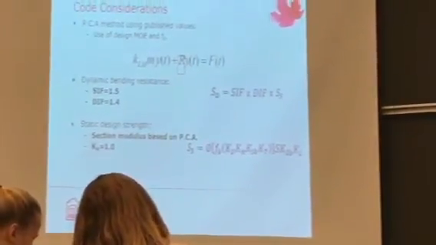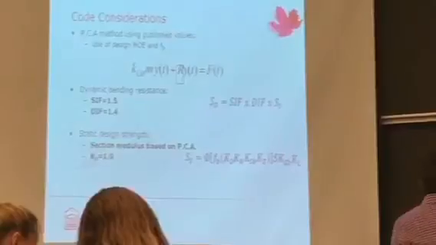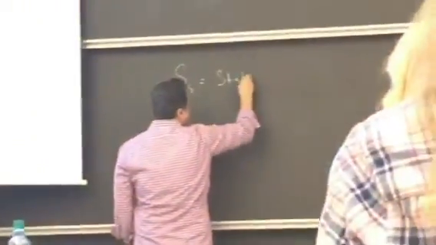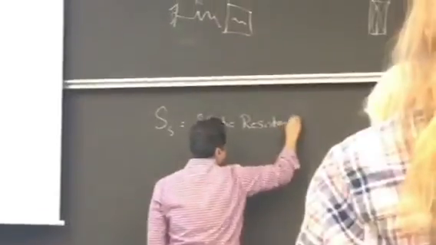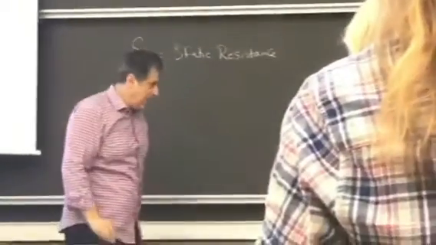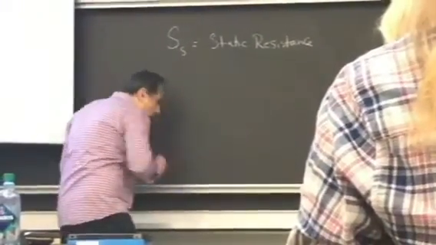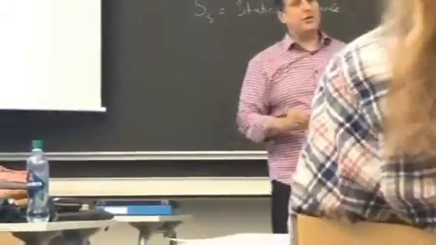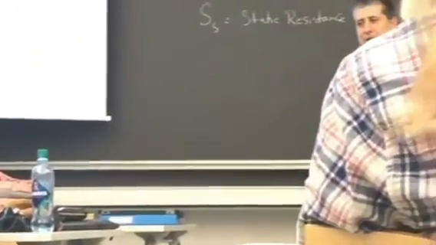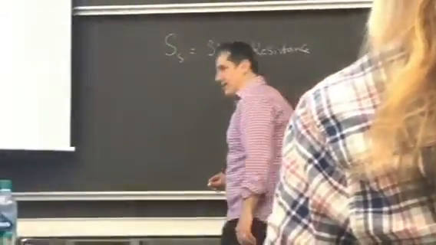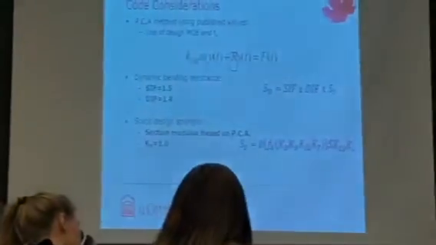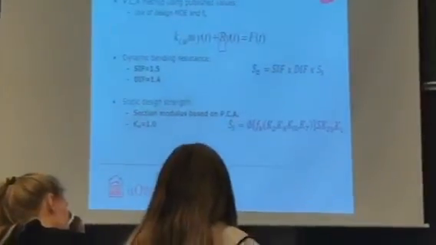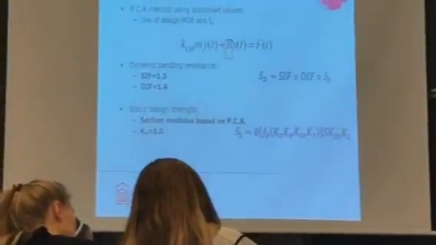If you call S sub S the static resistance, so you know that when you go to the code, it says your capacity is 38 MPa or something like that, right? We know pretty well that there's no such thing as a crisp number on a capacity or load or anything like that, so we know it's a distribution.